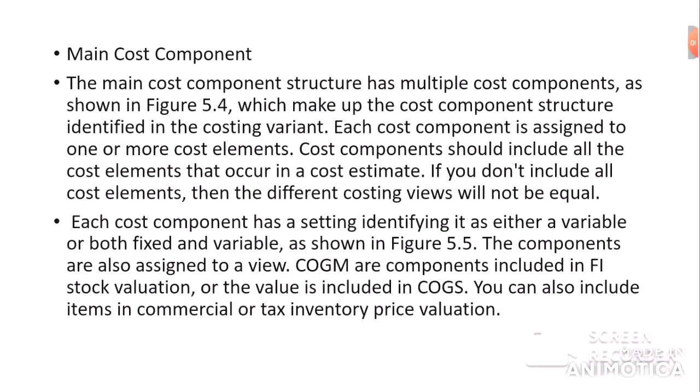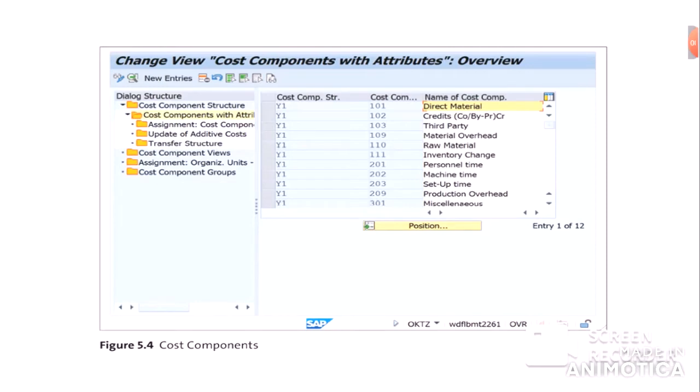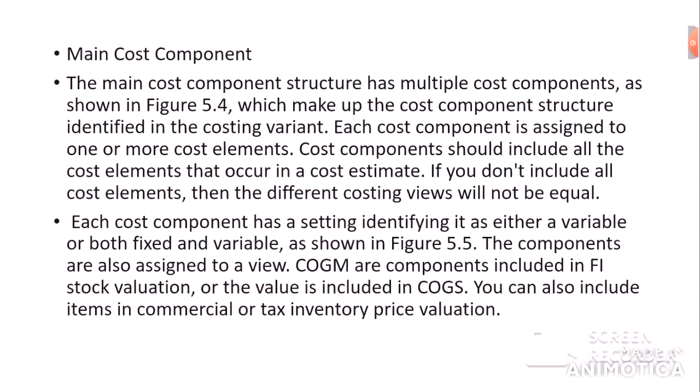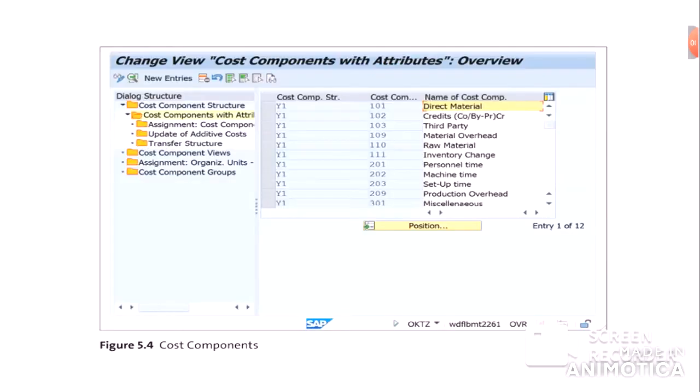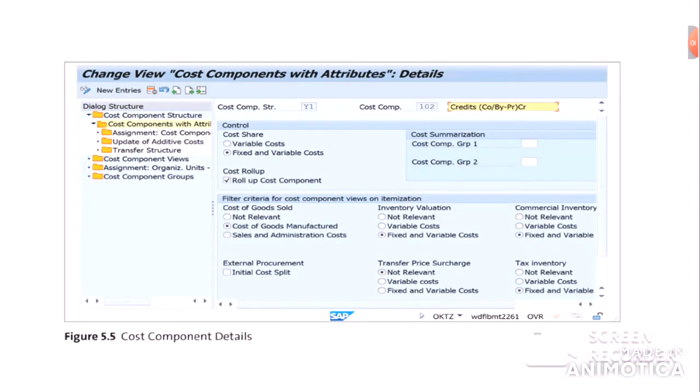So main cost component, let us see the figure. So cost components with attributes. So this is the figure. The main cost component structure has multiple cost components. Cost component structure, name of cost components. So cost component structure, assignments, cost component groups.